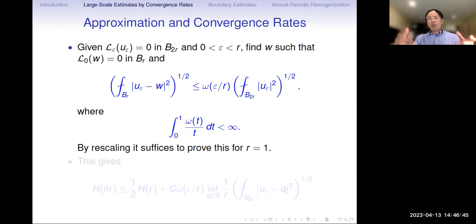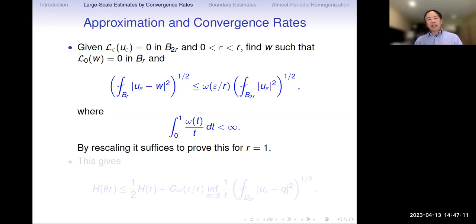As we said, we need to approximate the solution u sub epsilon by some good functions. The good function will be called W, and W here will be a solution of an elliptic equation with constant coefficients. In this particular case, it is exactly the homogenized equation for L epsilon.